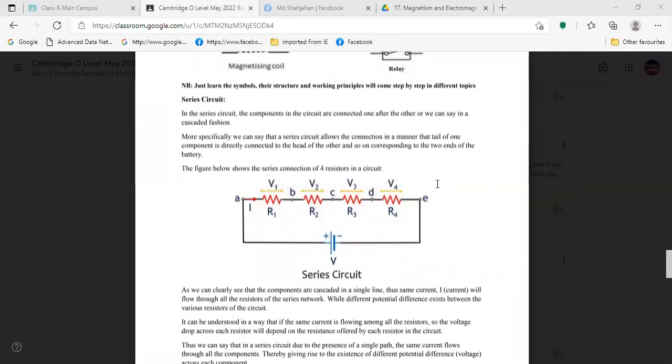Now you write that. This is the second point. First point you wrote, the current remains same everywhere.